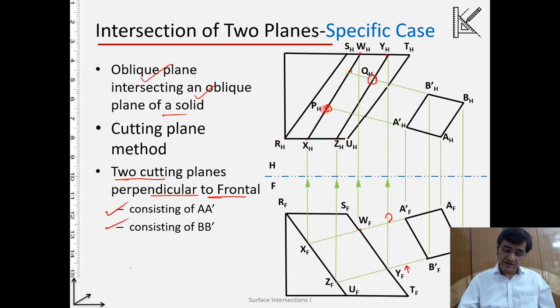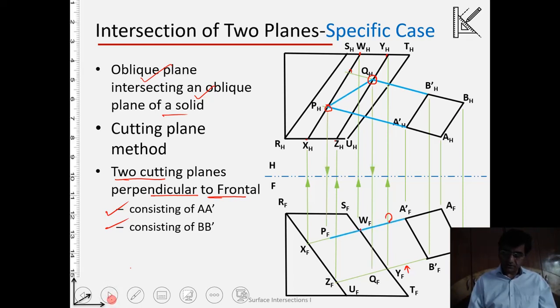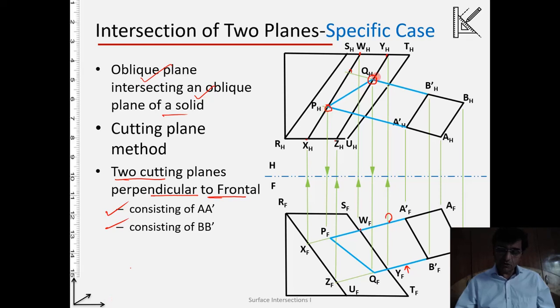The line of intersection is PQ. So let us draw the line of intersection, and that is how the line of intersection is here. So we have the line of intersection, its horizontal projection and its frontal projection.